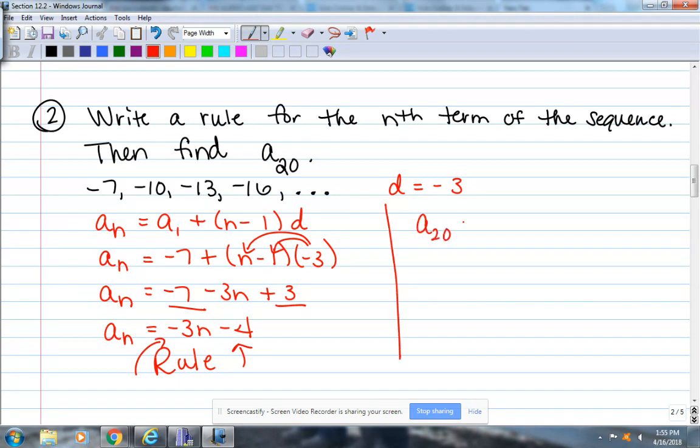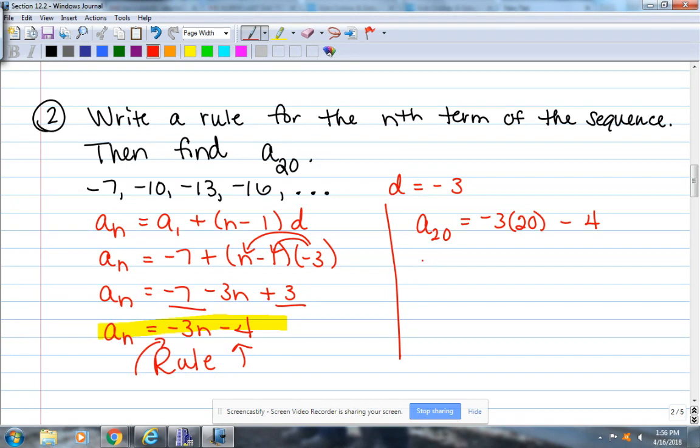So A sub 20 is going to be -3 times, I'm using this formula that I just made up. I didn't make it up, I used my original formula to get it. -3 times 20 minus 4. So I made the rule first, and now I want to find the 20th term, so I just plug 20 in for my n. Does that make sense?